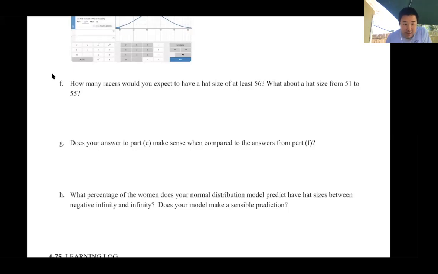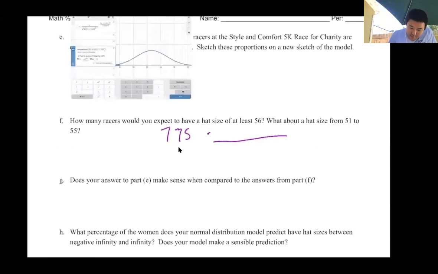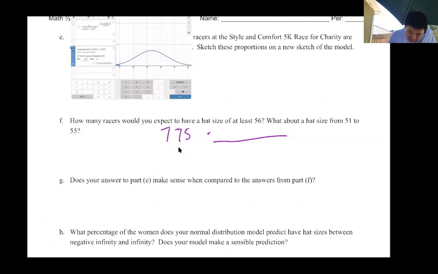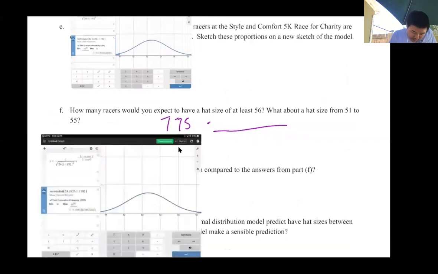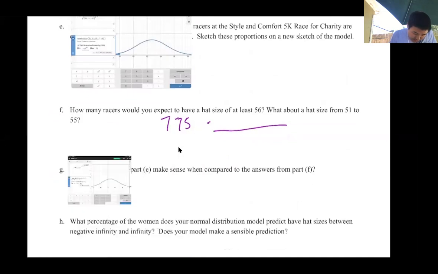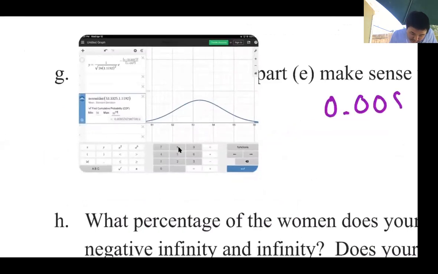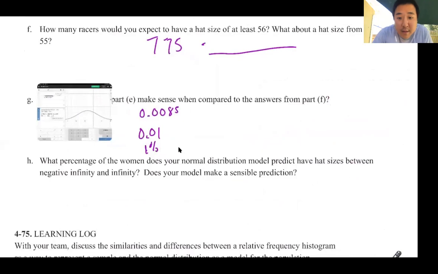Just that percentage is super small. It's 0.0085, so about 0.01%. No, it's about 1% maybe. So times that by 775, so that's about 7 racers.